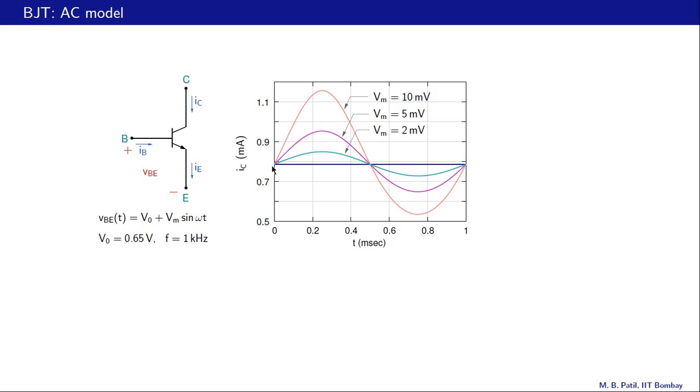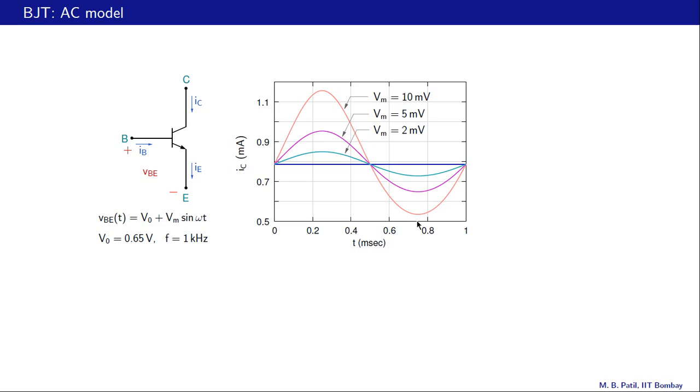Now in this case, when Vm is 2 millivolts, we can see that these positive and negative excursions are equal, and that is what a sinusoid should look like. But if we increase Vm to 10 millivolts, we see that this positive excursion is larger, this difference here, than the negative excursion.